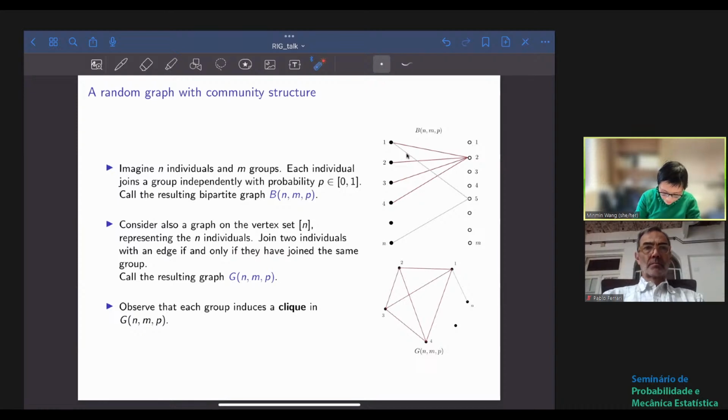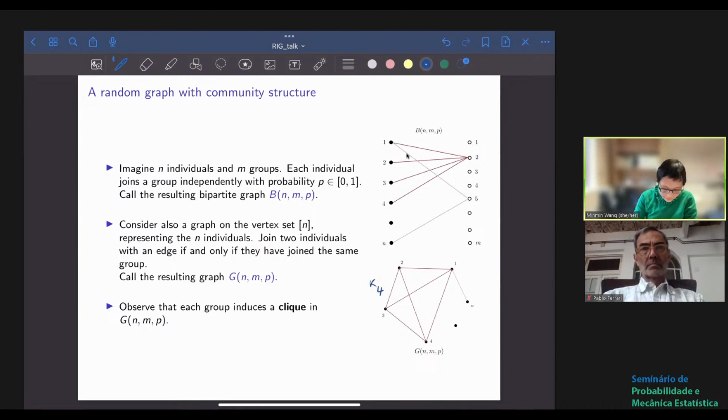Back to this example, this is the random intersection graph corresponding to the bipartite graph above. For example, if you look at group number 2, it contains 4 individuals: 1, 2, 3, 4. According to this definition, these 4 individuals are all connected with each other, so this creates a copy of the complete graph K4 inside this random intersection graph.